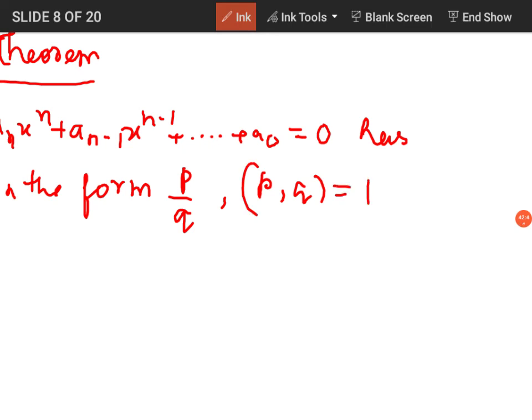I hope you know what is co-prime, that is they have no common divisor except 1. Okay, and p and q belong to integers.